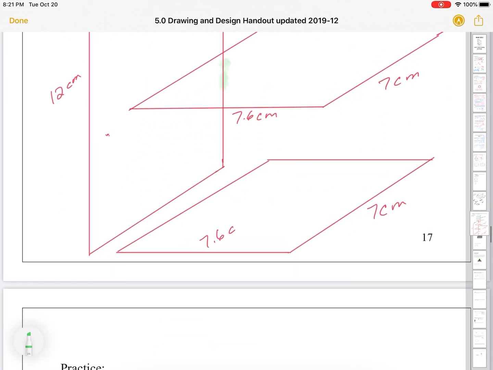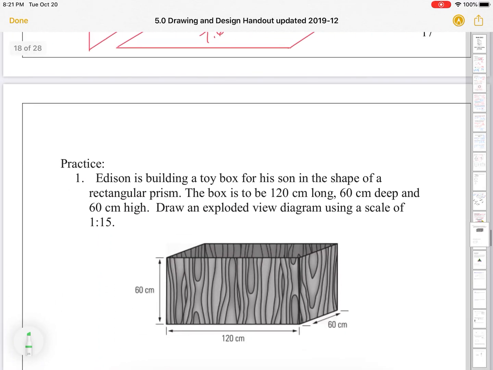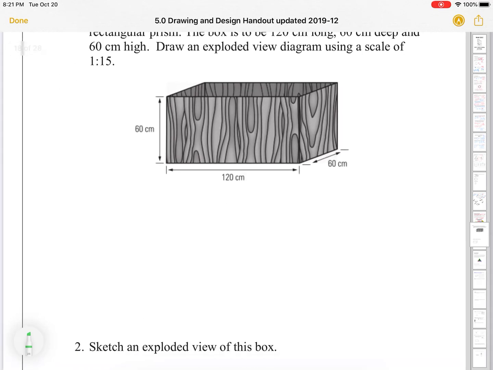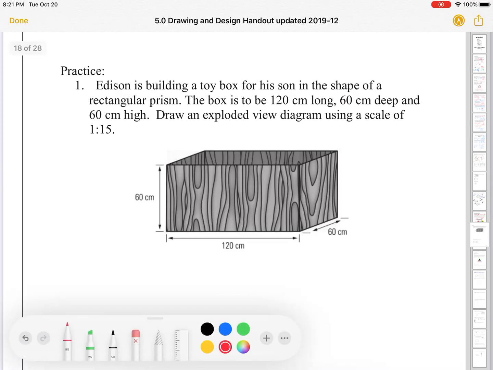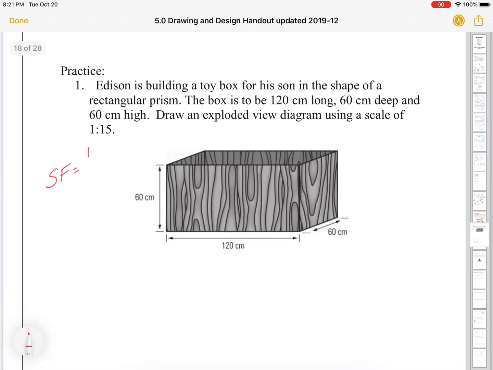These ones I would suggest, instead of doing them in your booklet, there might not be enough space. So what you might want to do is have a piece of loose leaf or a piece of white paper where you can do these, where you have more room. Don't forget about your scale factor, right? So here it has a scale factor of 1/15. You're going to get that number and you're basically going to times everything by that, right? So this would be 0.06 repeating.